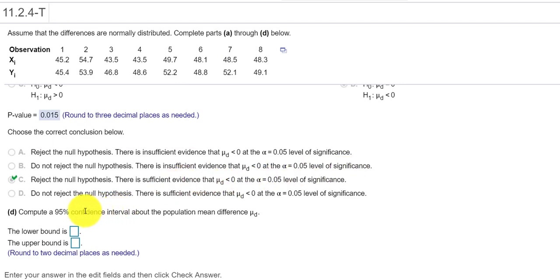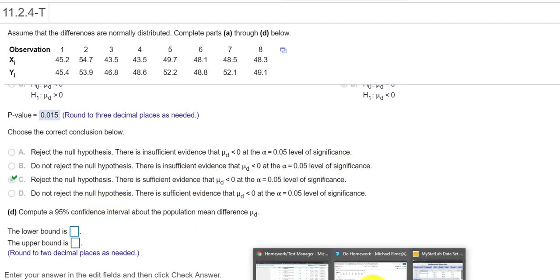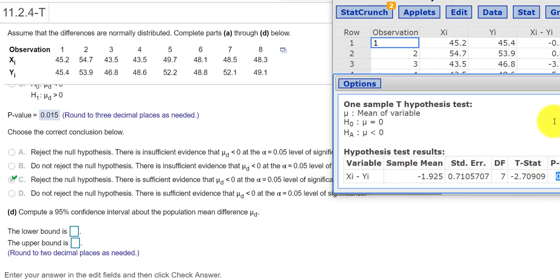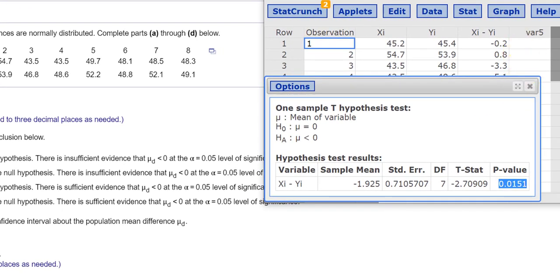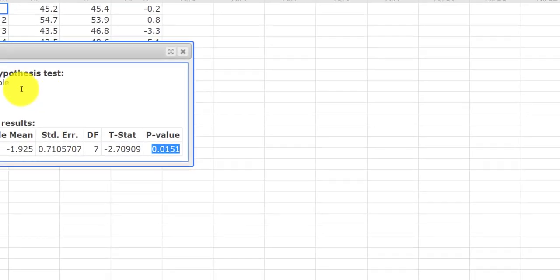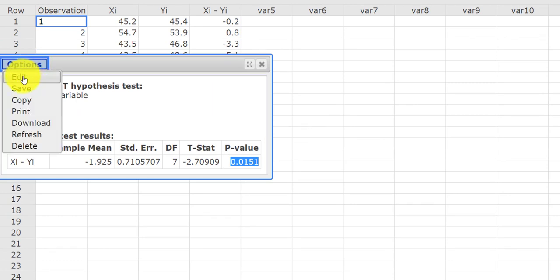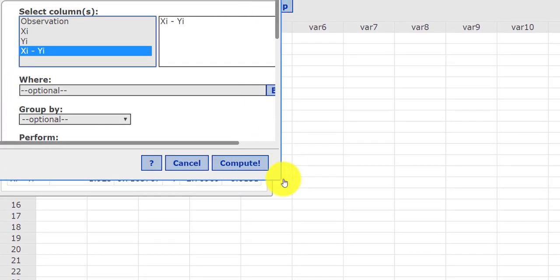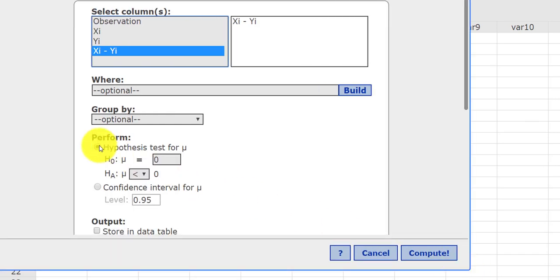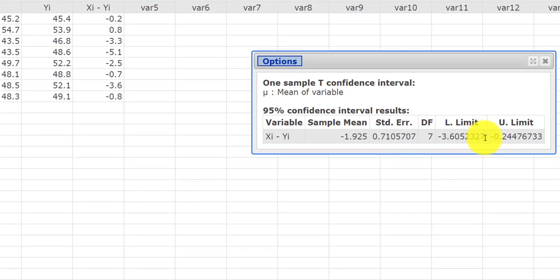And then it says compute a confidence interval. So again, we can go back to StatCrunch, and really it's all here. Instead of doing a hypothesis test, I could just change this by hitting Options, Edit. And if you remember before we had the radio button for hypothesis test, I can now just click confidence interval, 0.95, compute, and here's my lower and my upper limit.